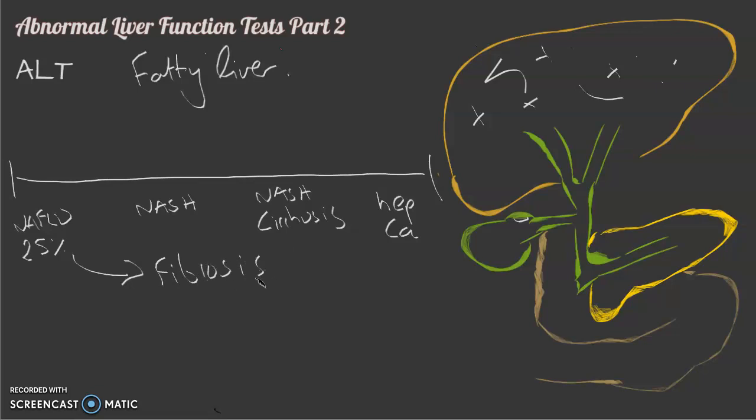You can evaluate this with what's called a FibroScan, also called transient elastography, which is like an ultrasound scan and gives you a figure for how much fibrosis is possibly there. But you can't refer everybody you suspect of fatty liver for a FibroScan either; that is also quite overwhelming to deal with.